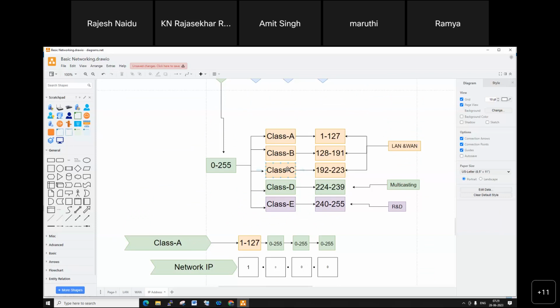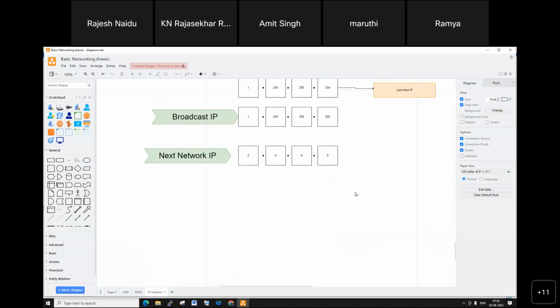Now I need to explain a small concept of routing. I'm going to enter into a somewhat deeper concept in the network. This is called routing technology, the routing concept I'm going to explain.